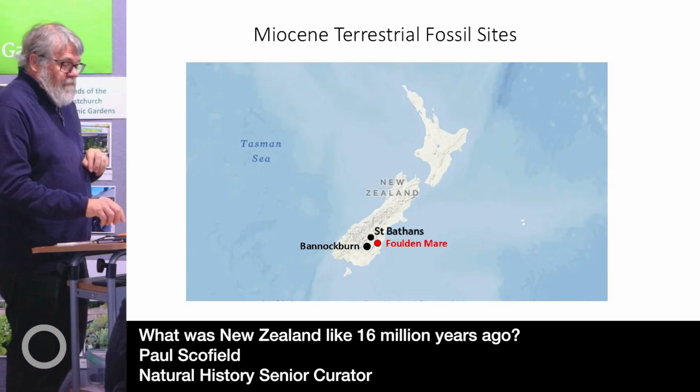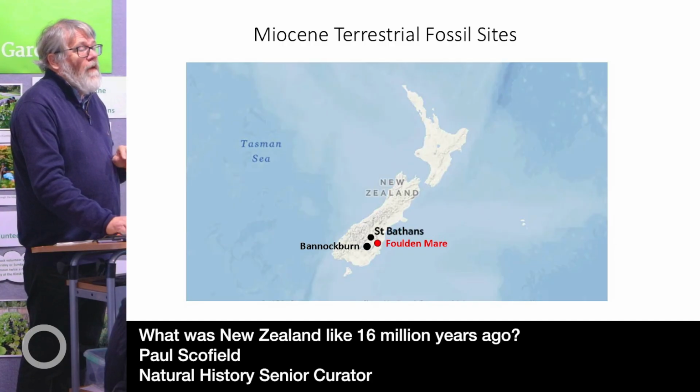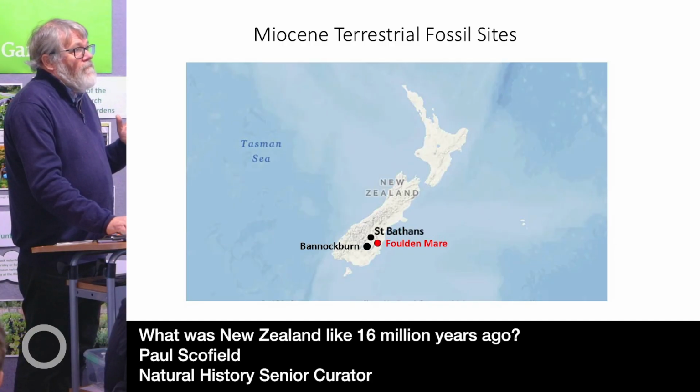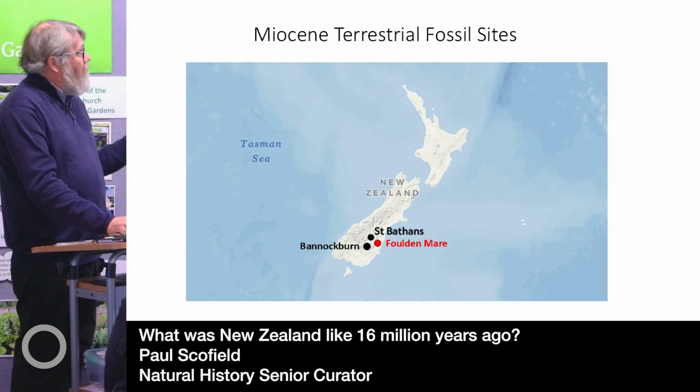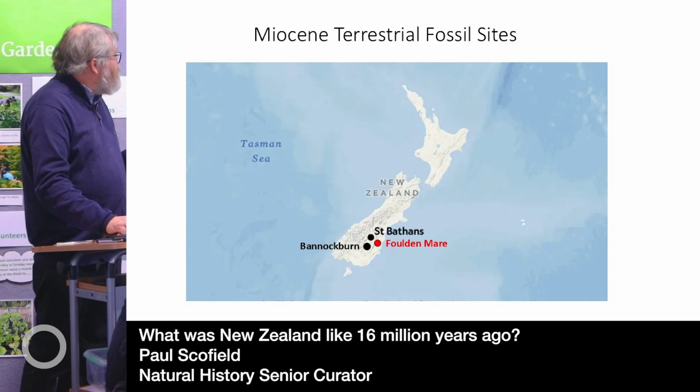And the other area that we'll talk about is Foulden Maar, which is a remarkable deposit, slightly more inland, slightly more towards the sea from Central Otago.